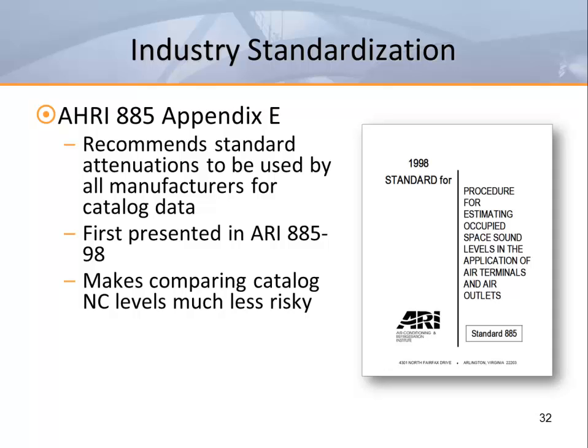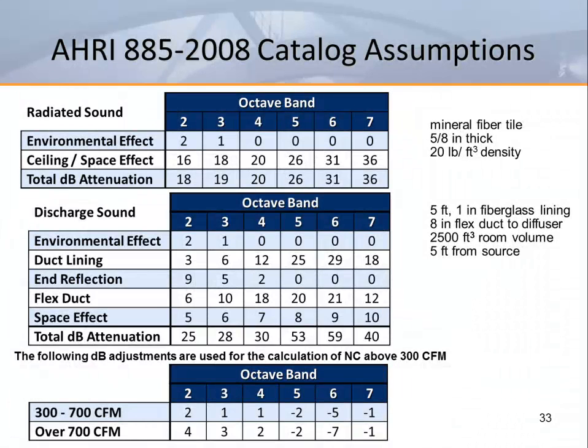Now it is much less risky, but it's still important to remember that the typical sound paths recommended in Appendix E may not closely match actual job site conditions. These are the standard catalog attenuations that Appendix E recommends for terminal unit applications.